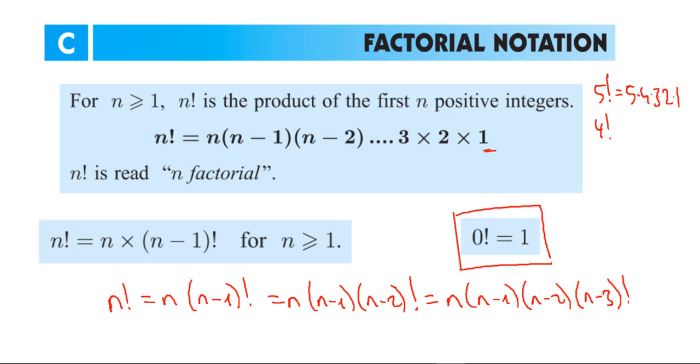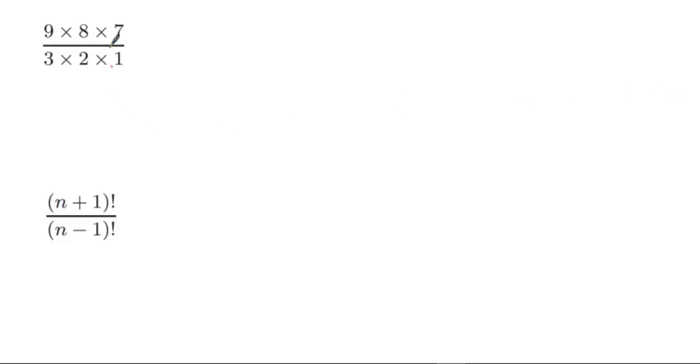Okay, let's see this part in practice. How can we rewrite this fraction, simplified, as factorials? I don't have any factorials and I'm missing some parts to write 9 factorial. I cannot write the numerator as 9 factorial, right? Because I don't have 6 times 5 and so on. So I'm missing 6 factorial. But if I put it in the numerator, in order not to destroy the balance, I have to also put 6 factorial in the denominator.